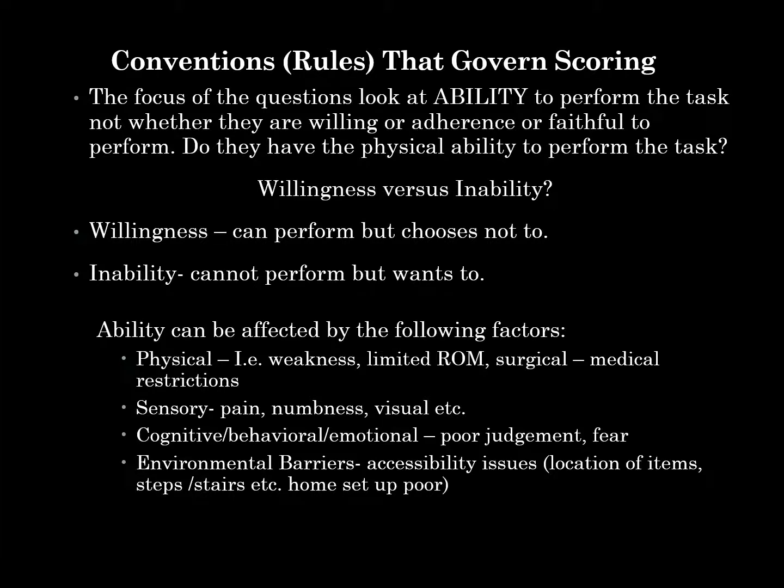So keep in mind that in many examples we'll look at as we go through the 1800s, if someone is unwilling to do the task but has the ability to do it, you assess it on their ability, not their choice. Remember, ability can be affected by physical restrictions, sensory impairments, cognitive or emotional issues, and looking at environmental barriers, in particular in homes, can be very important in affecting the patient's abilities.